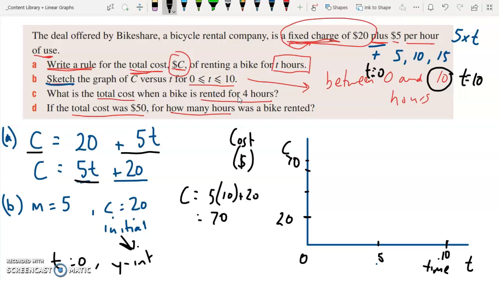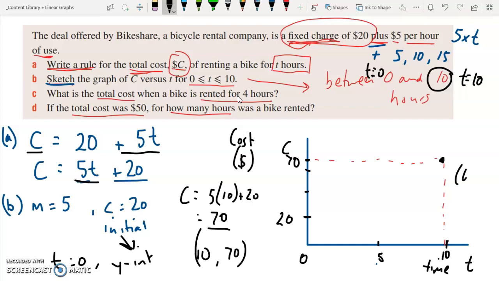Okay, the highest we need to go is 70. So now, when t equals 10, cost equals 70. I'm going to use that to sketch my graph. I'm just going to use a different colored pen, so using a horizontal line from t equals 10, approximately there.